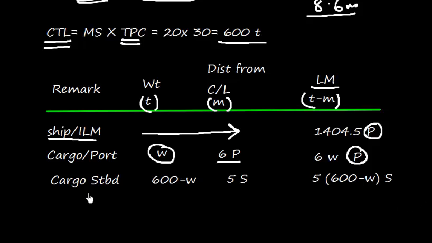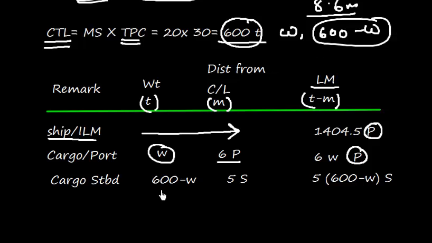Now let's check on the starboard side. So the total weight was 600 ton and I need to distribute it. In the port side I put W, so on the starboard side I will have 600 minus W. So I take this 600 minus W into 5, because on the starboard side this is 5 meter, so I get this list moment.